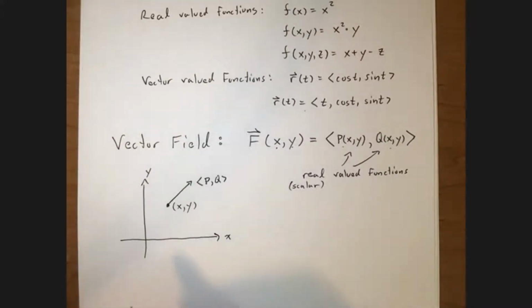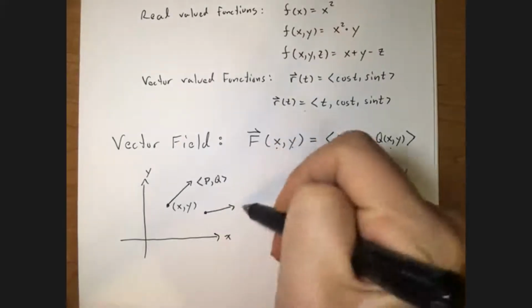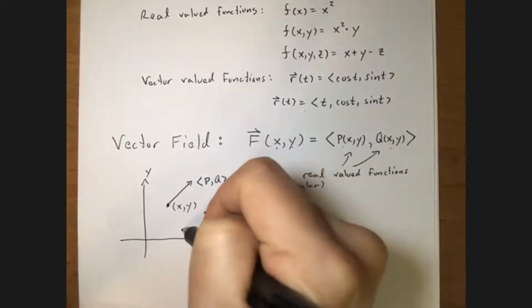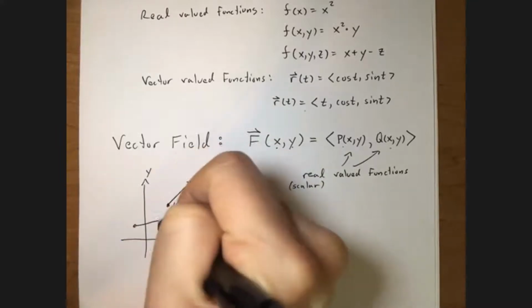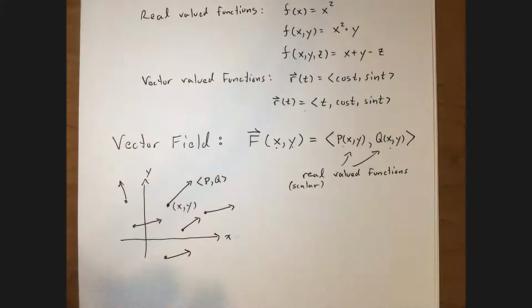But I'm doing this for every single point in space. So over there I've got a vector, over here I've got a vector, at this point I've got a vector, everywhere. I can't possibly draw them all, but for every single point, you can imagine there's a vector assigned to that point.